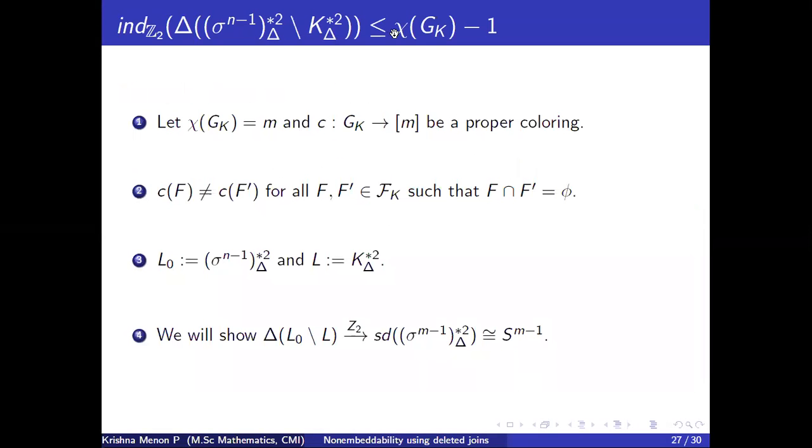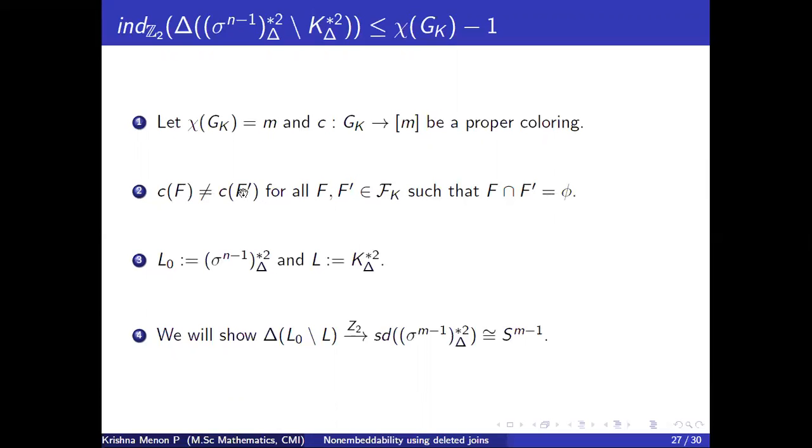And now we have to prove the lemma, which was saying that this Z2 index is less than or equal to chromatic number minus 1. So, let the chromatic number be m. By the definition of what G_K is and what a proper coloring is, this just means that for any two minimal non-faces, the colors are different if they are disjoint.